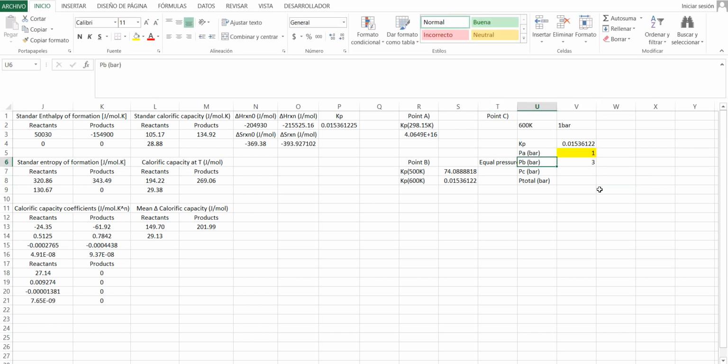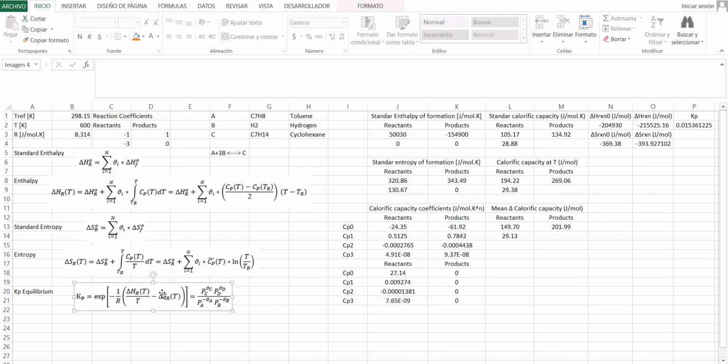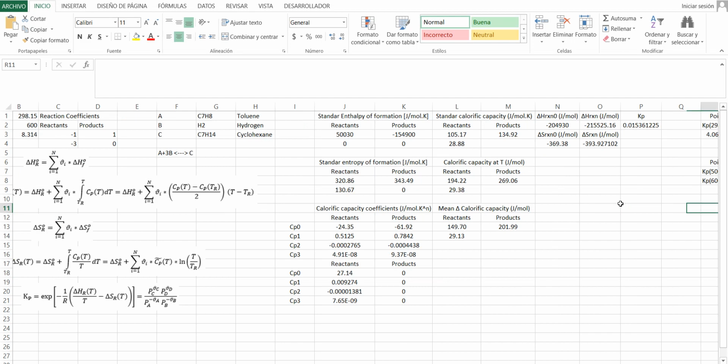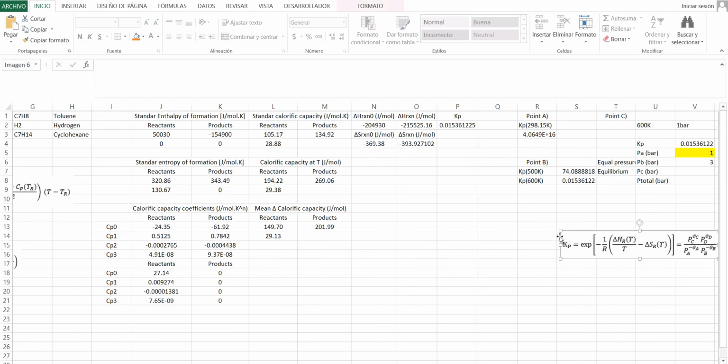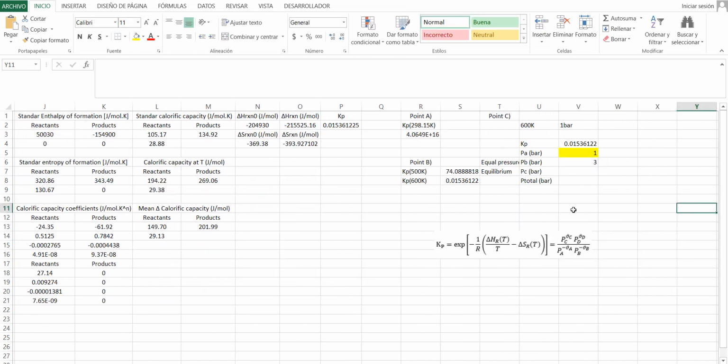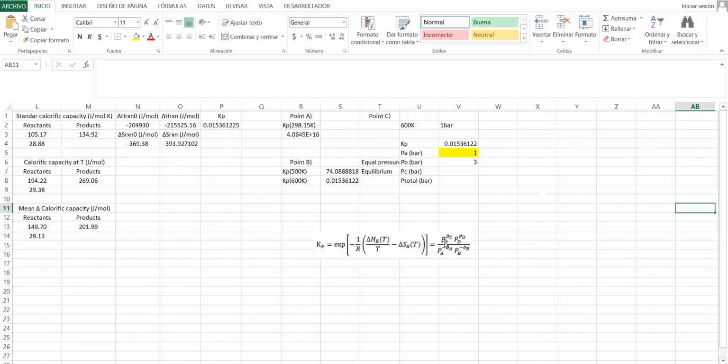So the second condition of the problem is the equilibrium one. For that, let's copy and paste this equation because we're going to use it. If we look at the second part of the Kp equation, it says it is the partial pressure of the products raised to its stoichiometric coefficient divided by the partial pressure of the reactants raised to minus its stoichiometric coefficient.